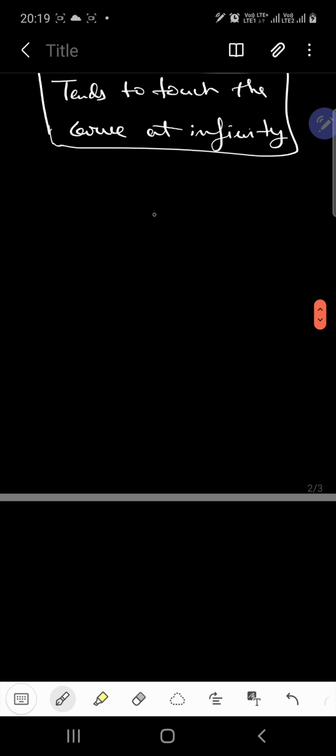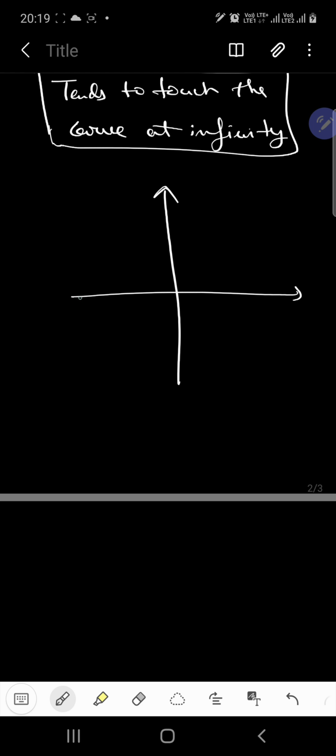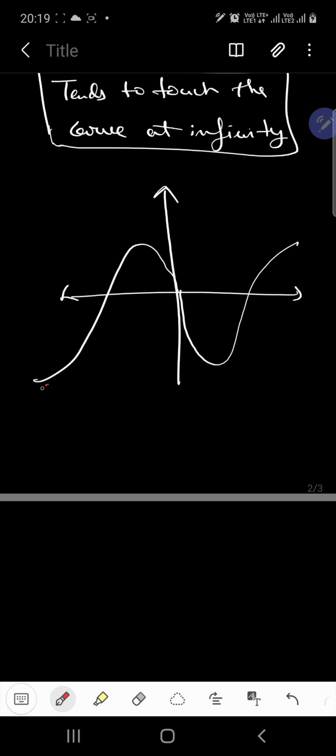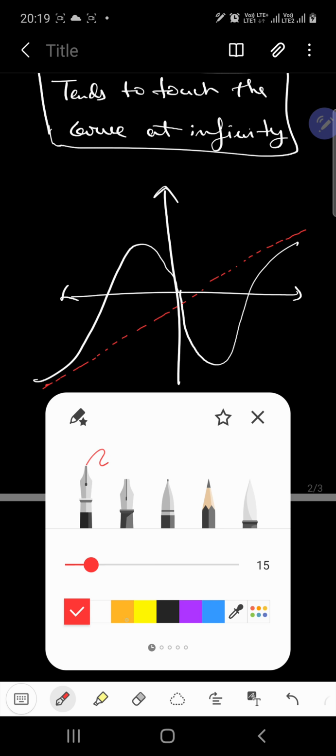Similarly, say you have a curve like this. Let us make it a bit different. To this we can also draw a line which tends to touch both these extremities in the finite region of the curve.